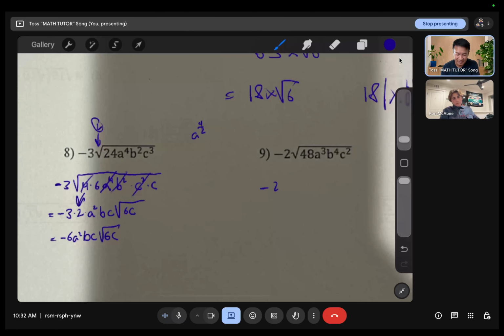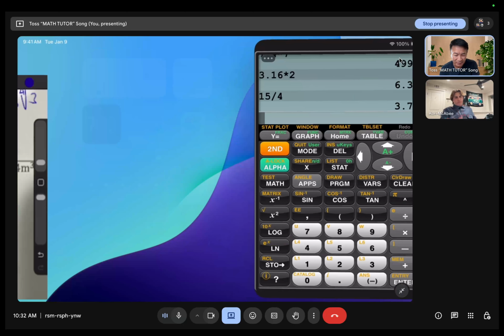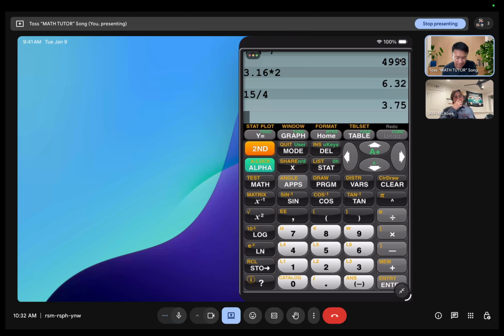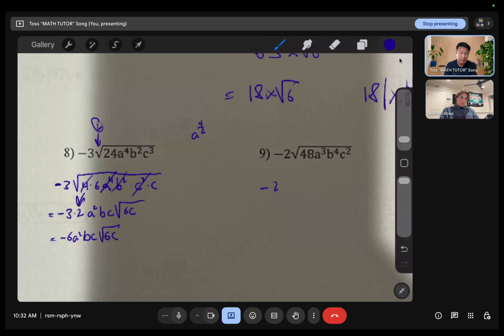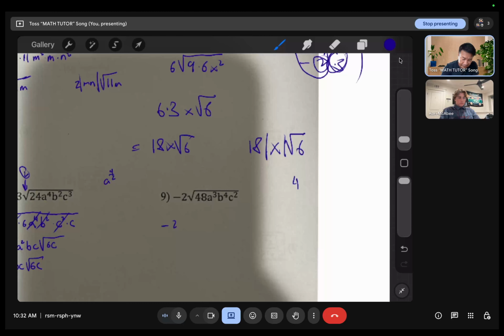I don't think you guys will know that, so I'll do a tree. 16 times 3 would be 48. Many of you won't think that, not that you don't know it, but you wouldn't think it. If you divide it by 3, you'll know it right away. But pretend you didn't know it. Let's do it here, 48. You probably didn't see the 16 in there, right? The 16 will be the big perfect square. So let's pretend you didn't do that.